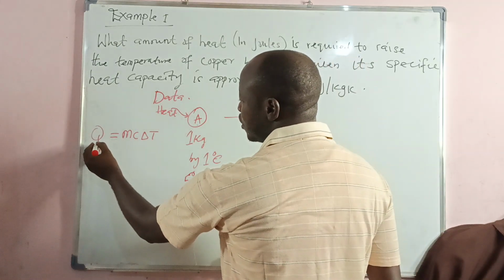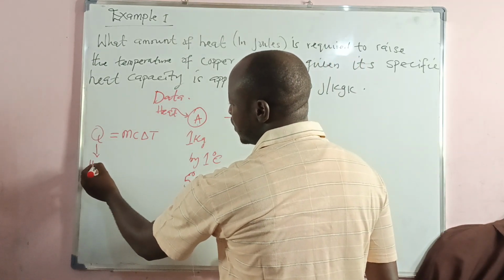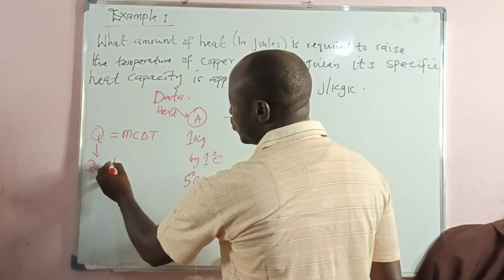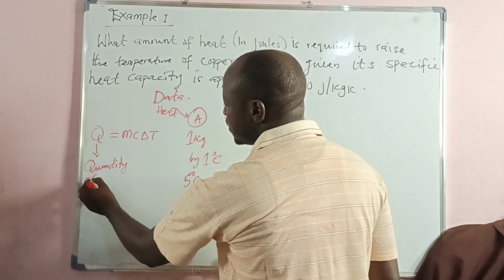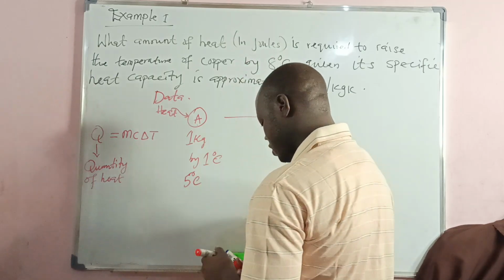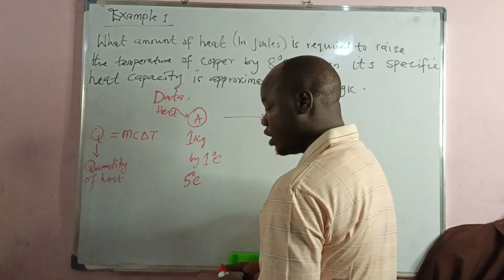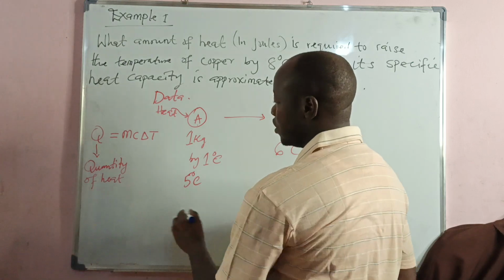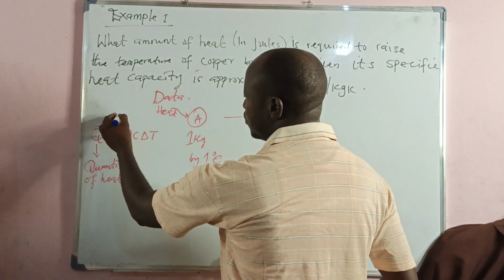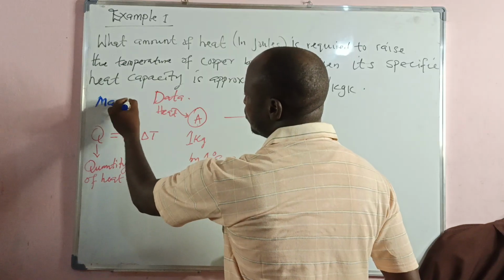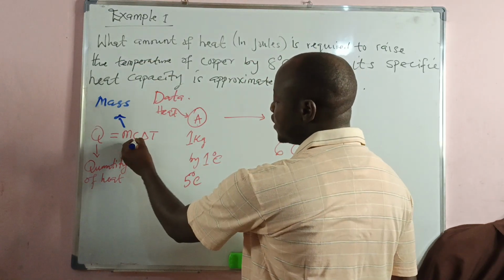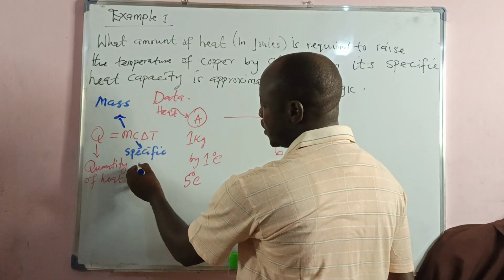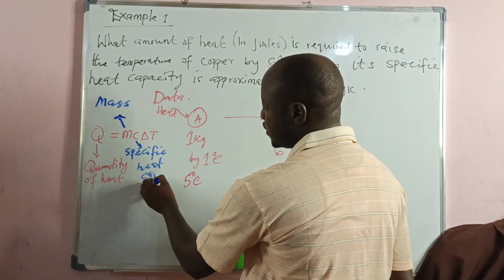The Q here stands for quantity of heat. The m is the mass of the object. The c stands for specific heat capacity.